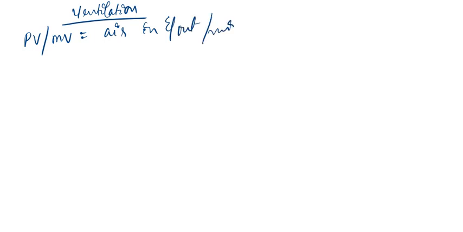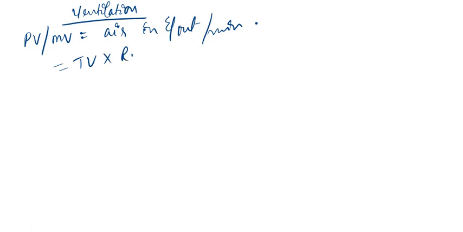Don't panic, right? What is ventilation? It can be denoted with a name, that is pulmonary ventilation or minute ventilation. It is the air which goes in and out per minute. That is called pulmonary ventilation. That is tidal volume into respiratory rate.